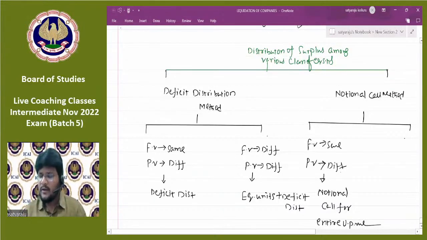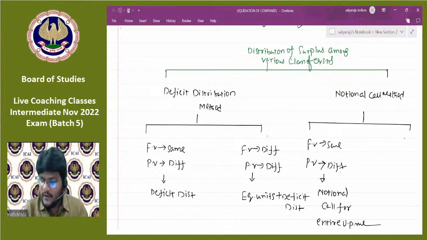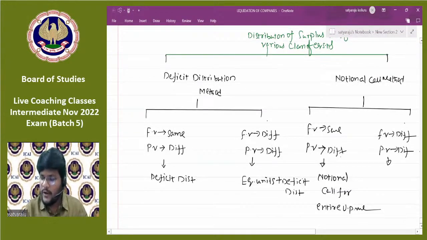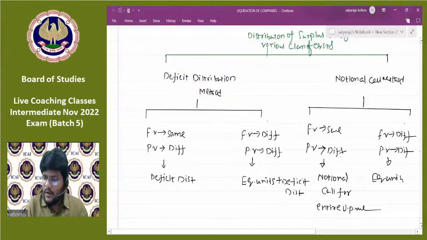Am I right? Then you can know how to distribute and how to check such issues. Sir, if the face value is different and paid up value is also different, then before applying the notional call, you first need to apply the concept of equivalent units, guys. Then you can go for the notional call.